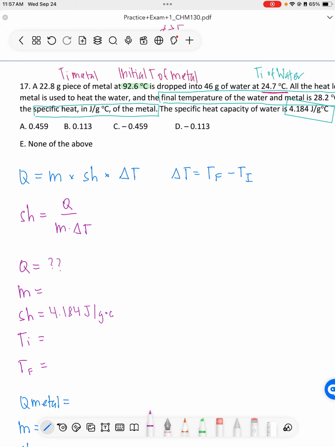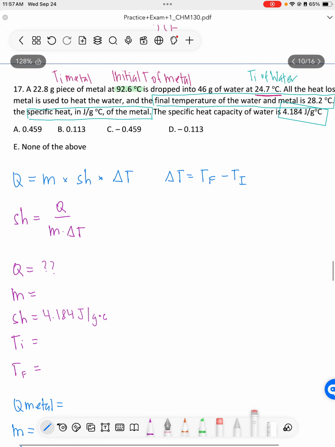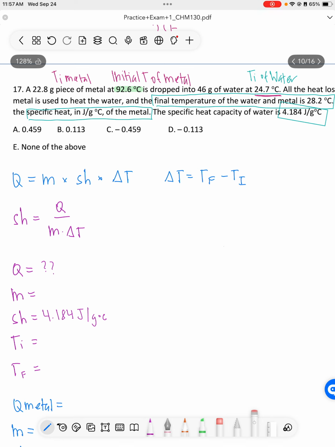All right, we know the mass of water. So if we come back up to the problem, it says that our piece of metal is dropped in 46 grams of water. So we have a mass of water. And remember that we wrote down our T initial and we found our T final for water. Because I wrote it up here at the top, it makes it easy to come back up to the problem and just pull it out.